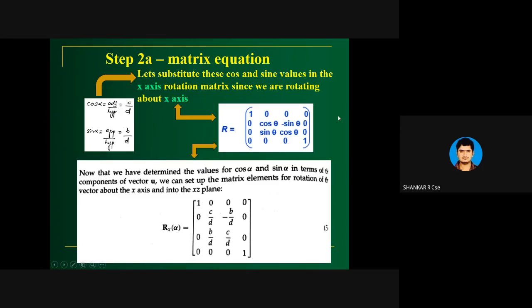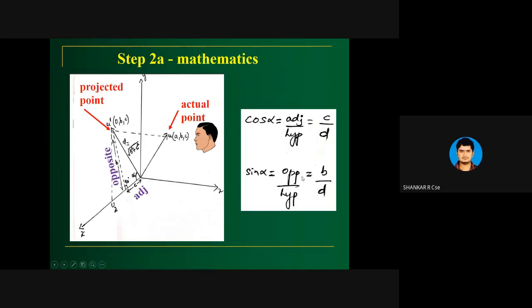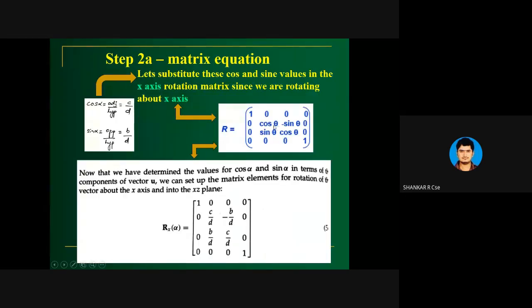So we have this formula. Whatever we have calculated, cos alpha and sin alpha, it is our duty to substitute these, c by d and b by d, in the x-axis rotation matrix. So wherever you have cos theta, replace with c by d.